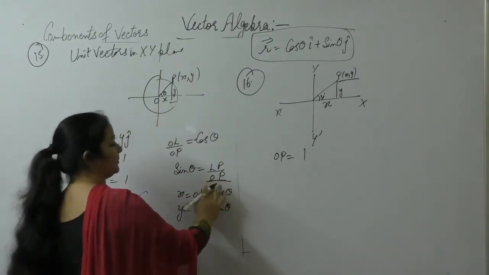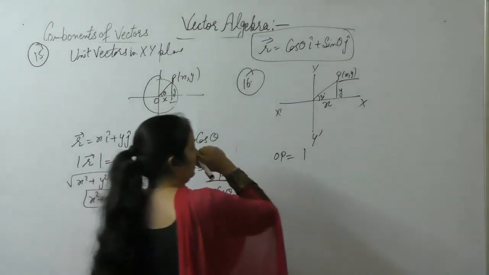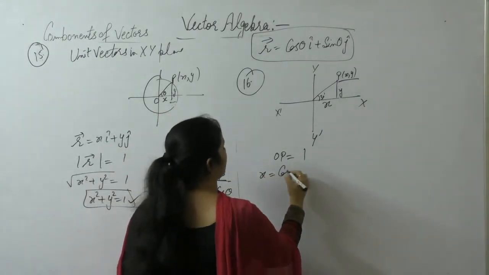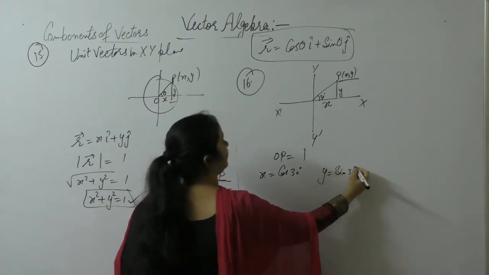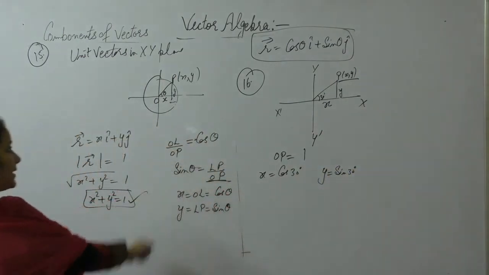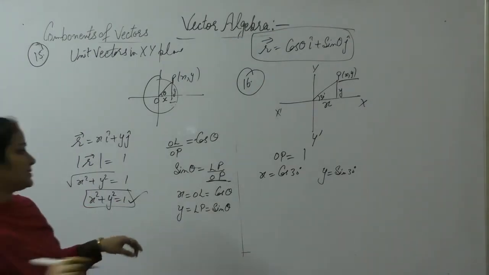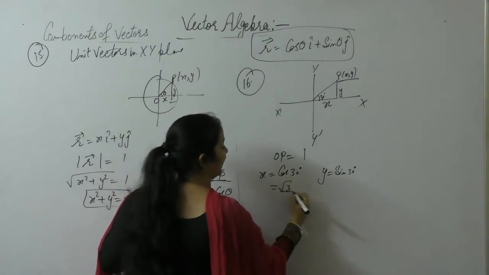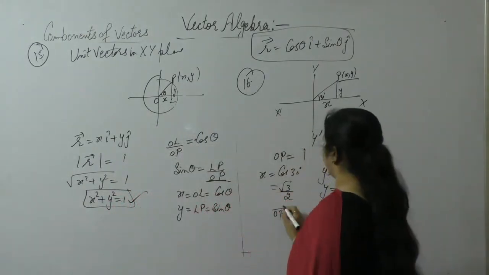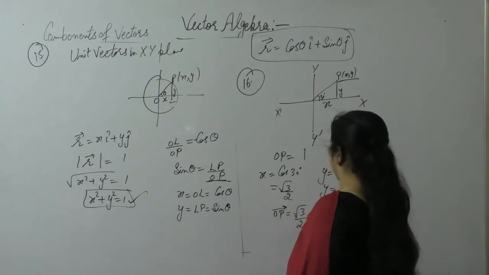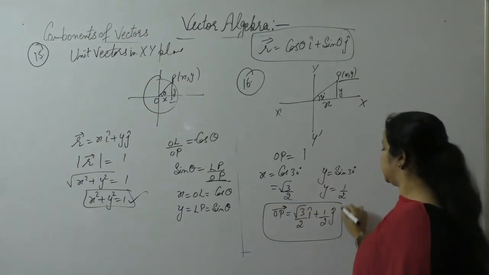In this question also the value of OP was 1 because it is a unit vector given. x is cos 30 and y is sin 30. From the previous example, you can see that. So x is cos 30, which is square root of 3 by 2, and y is 1 by 2. Therefore, OP vector is square root of 3 by 2 i cap plus 1 by 2 j cap.